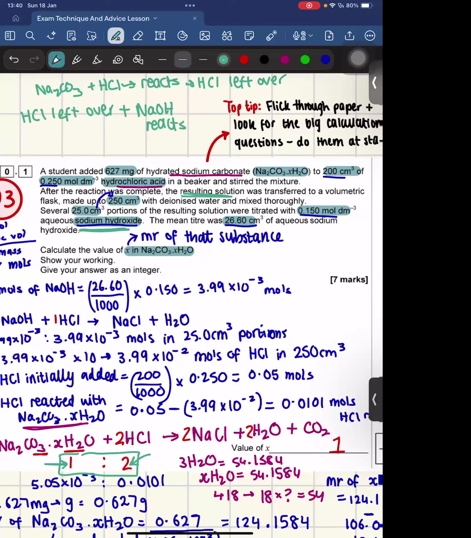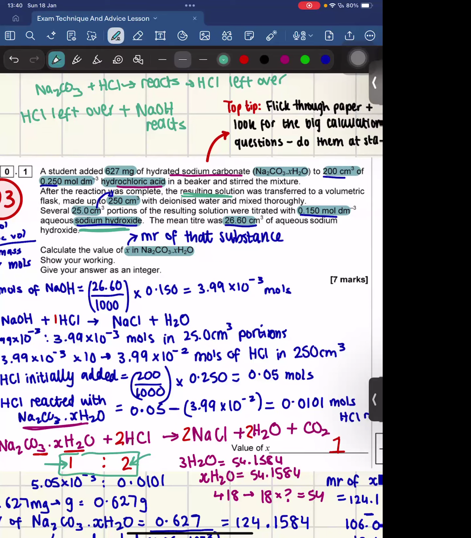That's the two-step reaction that's going on. And it's exactly why the question is worth 7 marks, just because there are so many different things that you need to think about. But if you can try your best to visualize the question and what it's asking you to do and write it down, it will really help you a lot.